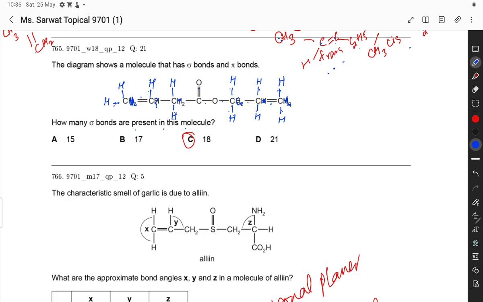How is it possible? 1 2 3 4 5 6 7 8 9 10 11 12 13 14 15 16.